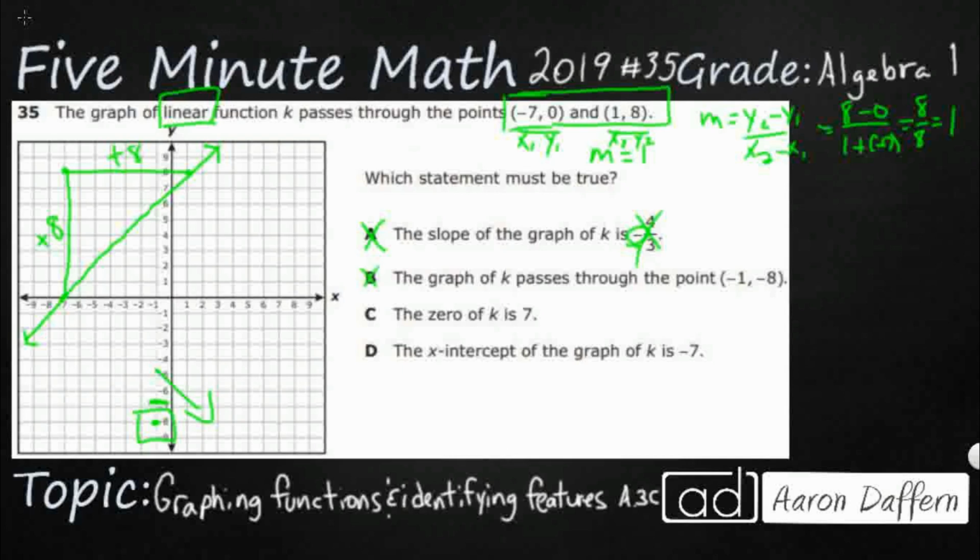The 0 of k is 7, or the x-intercept of the graph is -7. Okay, so here's the strange thing. These two are actually looking for the same thing. Our x-intercept, let's define that real quick, is where the line or the function crosses the x-axis.